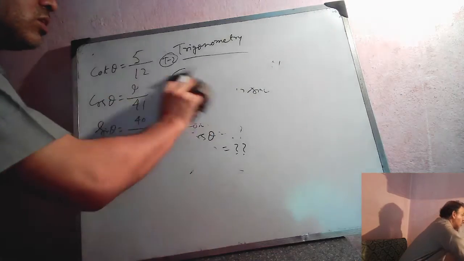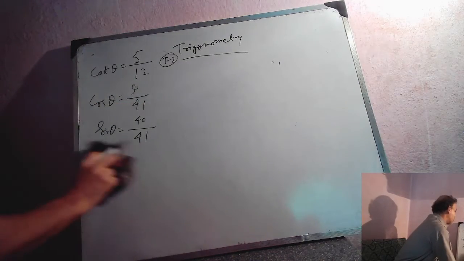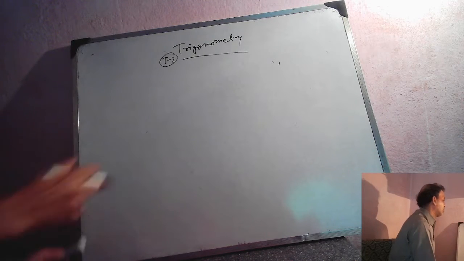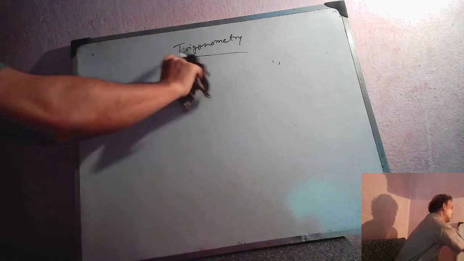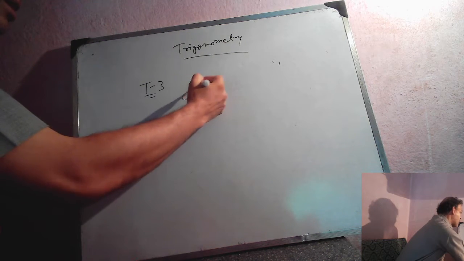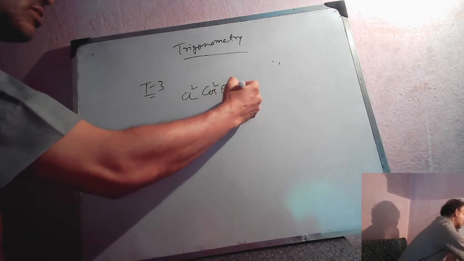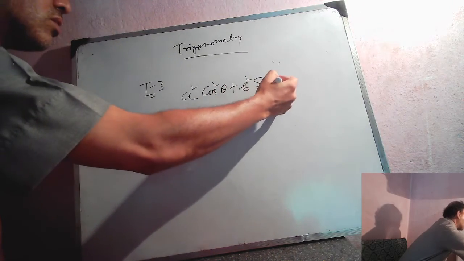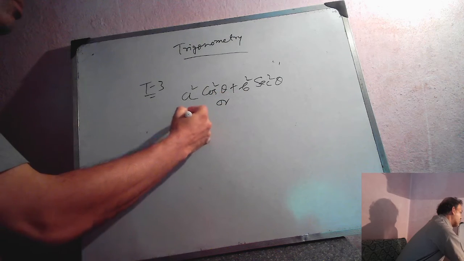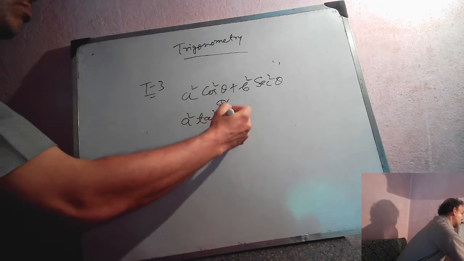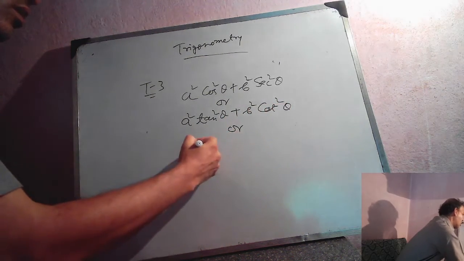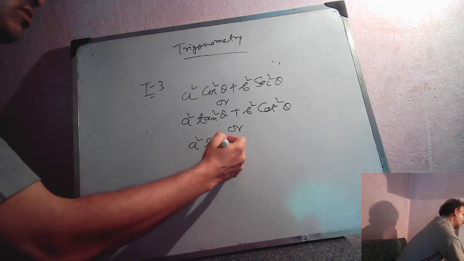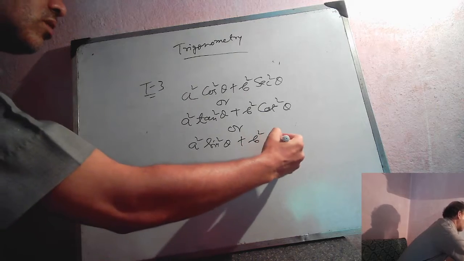Now we will discuss trick number 3, the third trick. a square cos square theta plus b square sec square theta, or a square tan square theta plus b square cot square theta, or a square sin square theta plus b square cosec square theta.